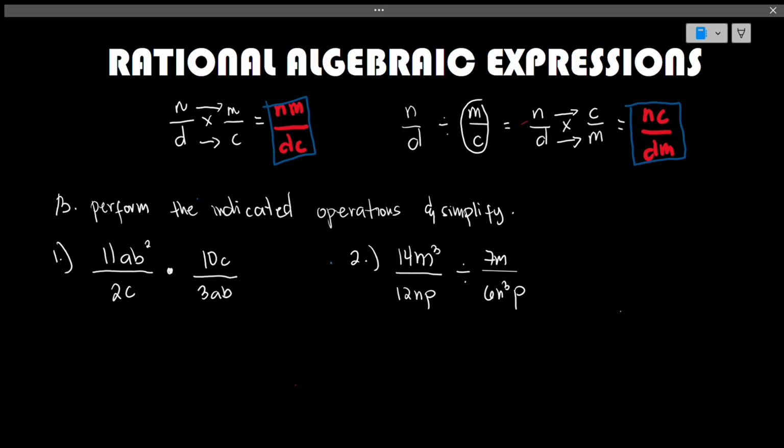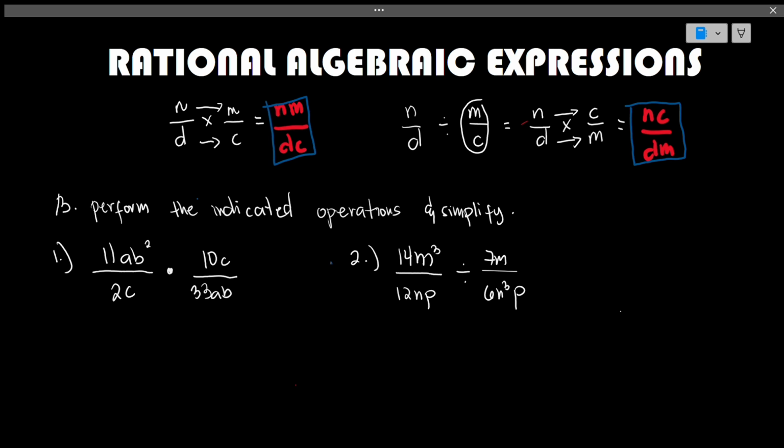I have here some examples of applying multiplication and division on rational fractions. Let's go ahead and try example number 1. Before we multiply numerator to numerator and denominator to denominator, in our previous lesson, we were able to simplify rational algebraic expressions.